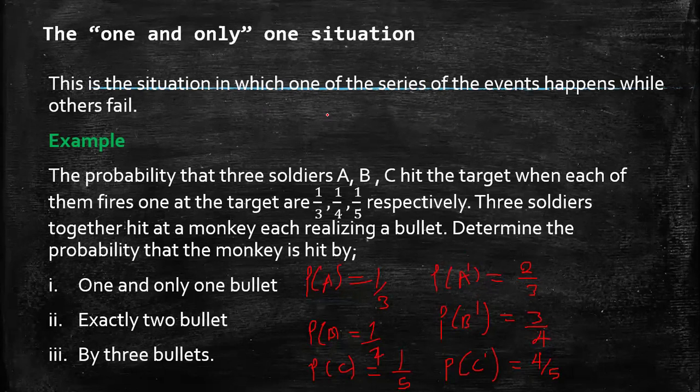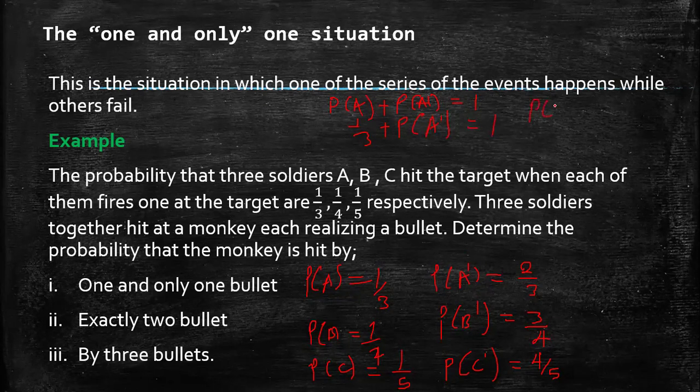So in the beginning, we said when we get the probability of A, that means A is going to happen, plus the probability A prime, A not happening, is equal to 1. So if we have A as 1 out of 3, then we add A prime, this gives us 1.